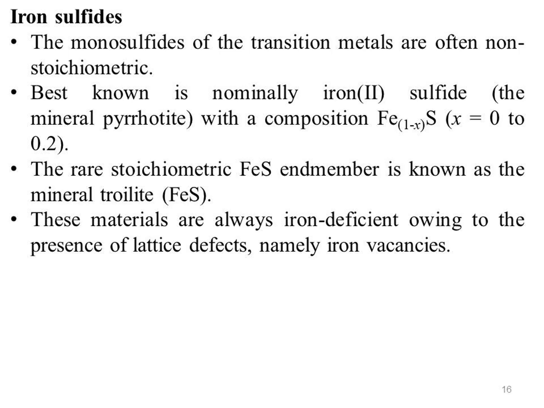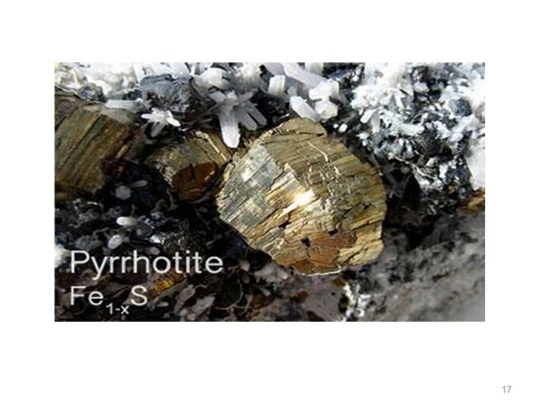These materials are always iron deficient owing to the presence of lattice defects, namely iron vacancies. Despite those defects, the composition is usually expressed as a ratio of large numbers and the crystal symmetry is relatively high. And this is pyrrhotite ore.